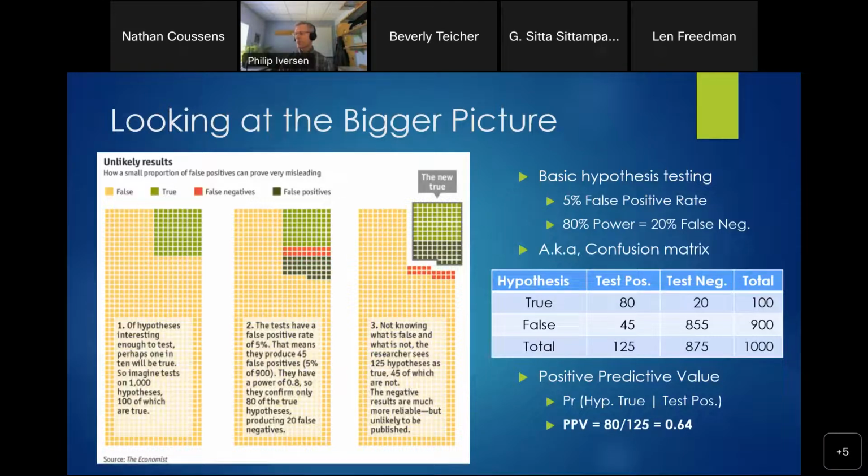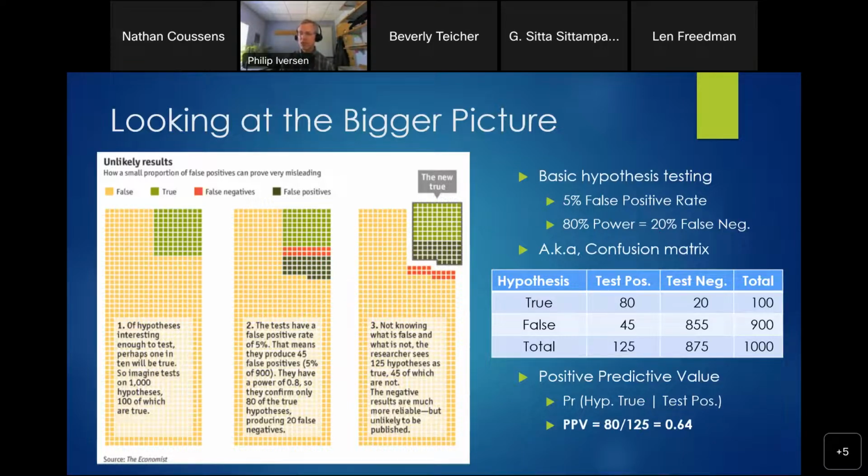These calculations are all based on a very basic statistical hypothesis testing scenario, where you have a 5% false positive rate, that is, your p-value cutoff for significance is 0.05, and 80% power, which is the same as a 20% false negative rate. In the diagram here, suppose you have 1,000 different scientific hypotheses that you're testing, and suppose 100 of them are true. We don't know which 100 of them are true, but suppose 100 of them are.